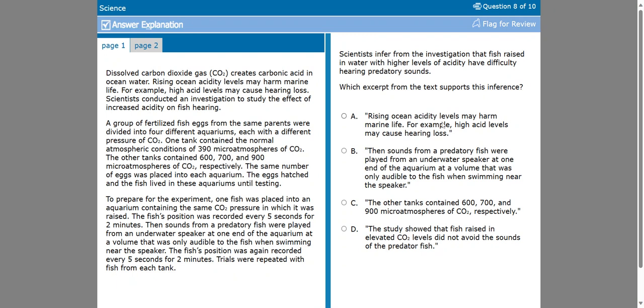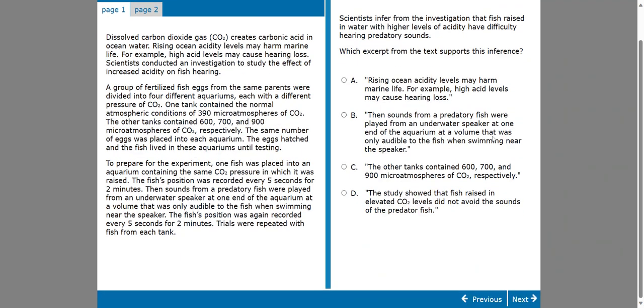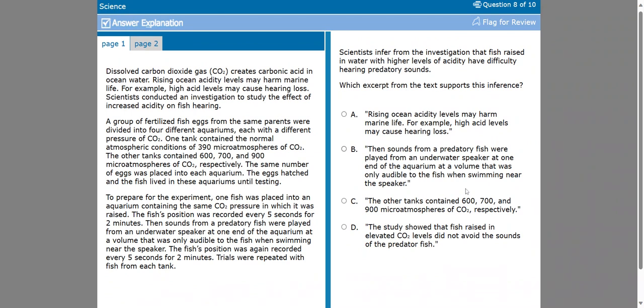You've got to find the text evidence that demonstrates that fish raised in water with higher levels of acidity have difficulty hearing predatory sounds. I love these kinds of questions, to be honest, writers, because you're not the one having to do the inferring. Instead, you're just supporting the inference based on the information that you're given.